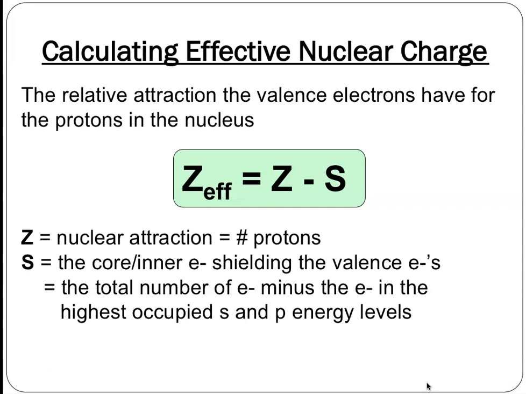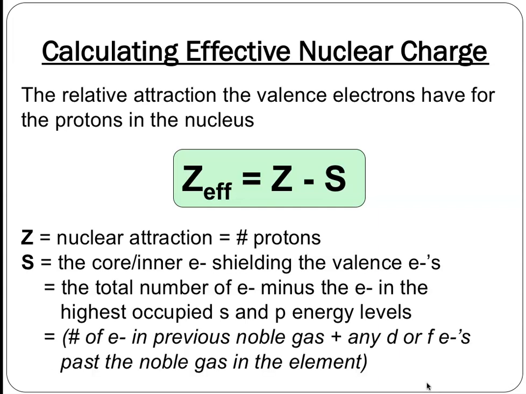There is a total number of electrons in the atom, but we do not include valence electrons in that calculation. So ultimately, it's the number of electrons in the previous noble gas plus any d or f electrons, if there are any, past the noble gas. You put these two things together and you get an overall integer number.